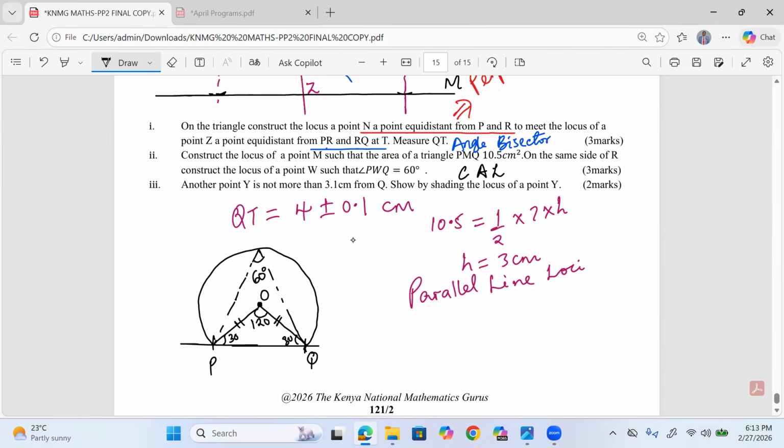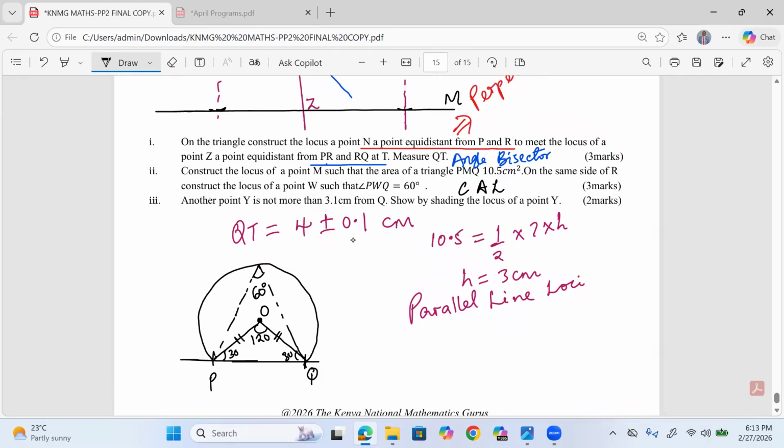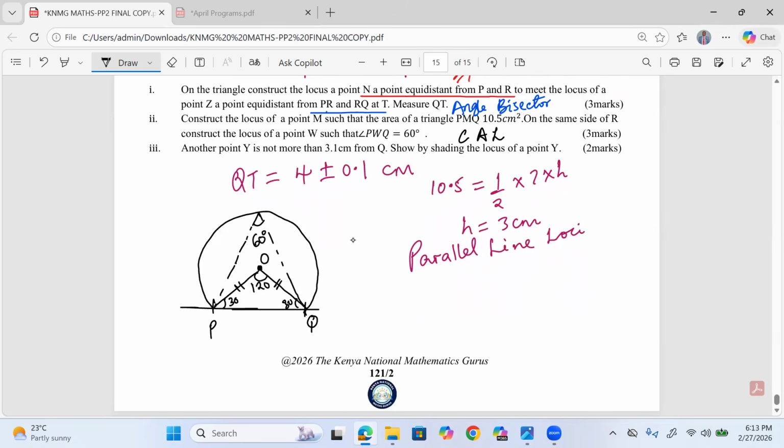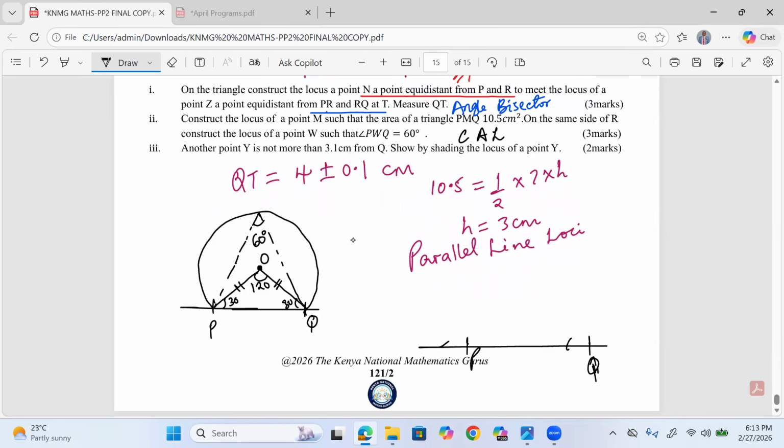Therefore, at that point, we need to start with the base angles. Remember, alternatively, because PQ is a chord. This is P, this is Q. We need to know that any perpendicular bisector of a chord passes through the center of a circle.